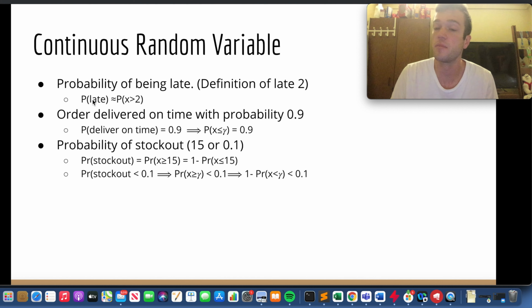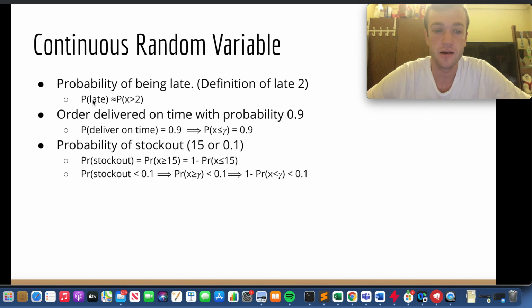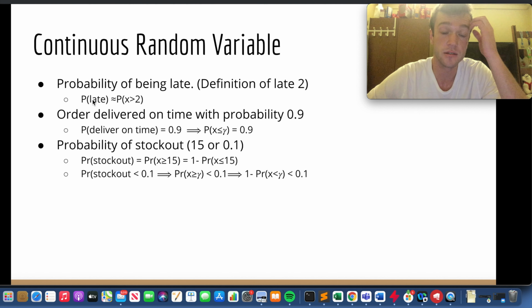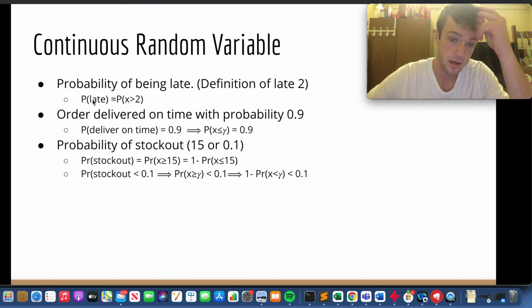Then the probability of stock out, with the stock being 15, where you want to be out of stock less than 10% of the time. So the probability of stock out equals the probability of x greater than 15, which is 1 minus the probability of x less than or equal to 15.